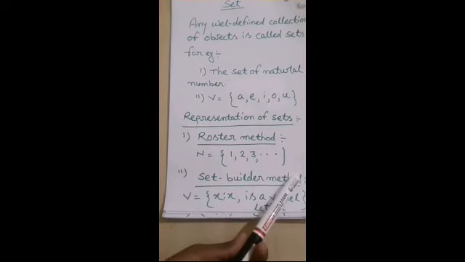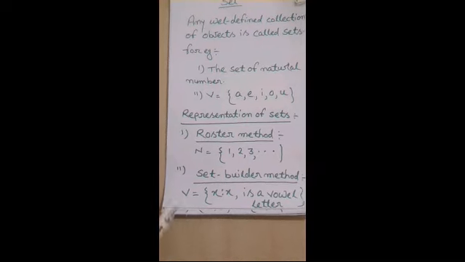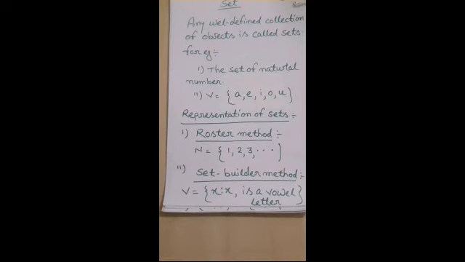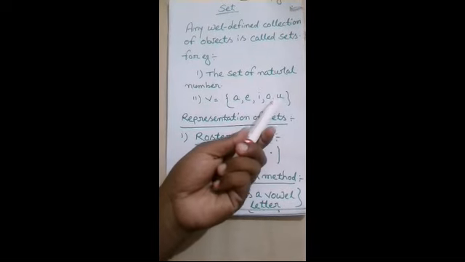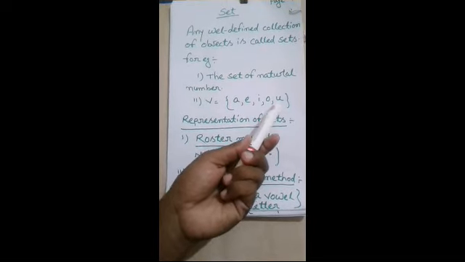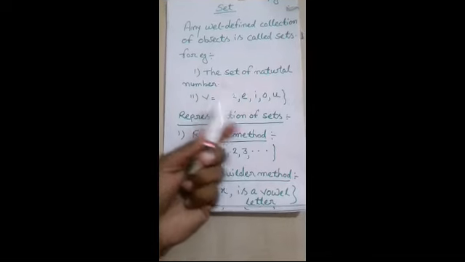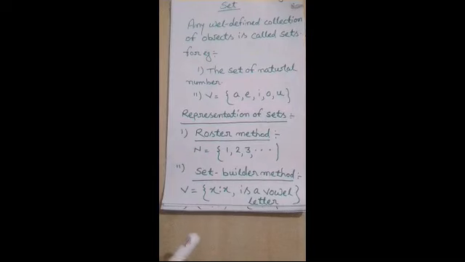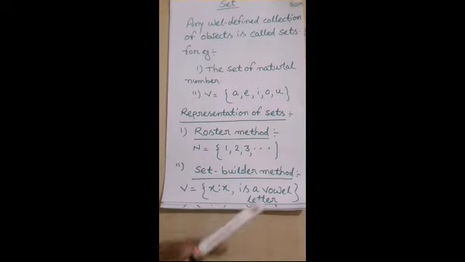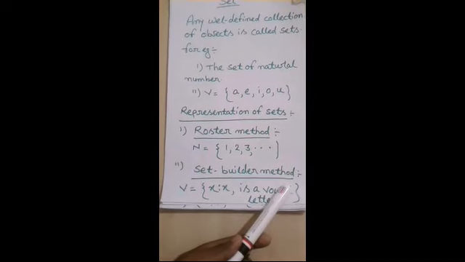Now see the other method, the set builder method, where we have to know a particular characteristic of that set. If I ask you the characteristics or properties of this set, you will say that these are vowel letters. This is very important. We have to mention the property or characteristic of that set, and by writing that we can represent it in set builder form.